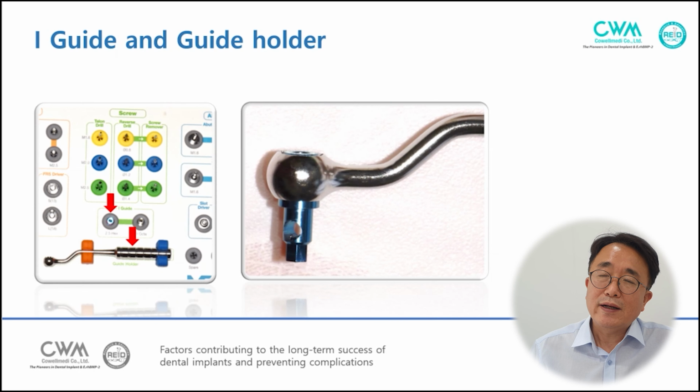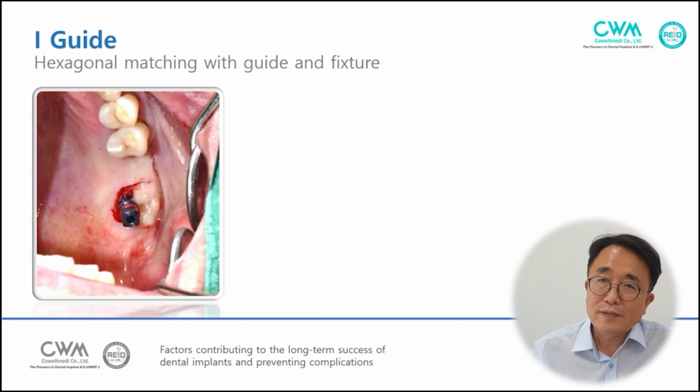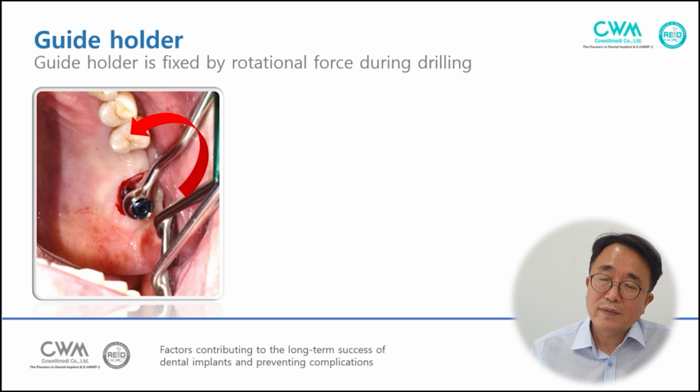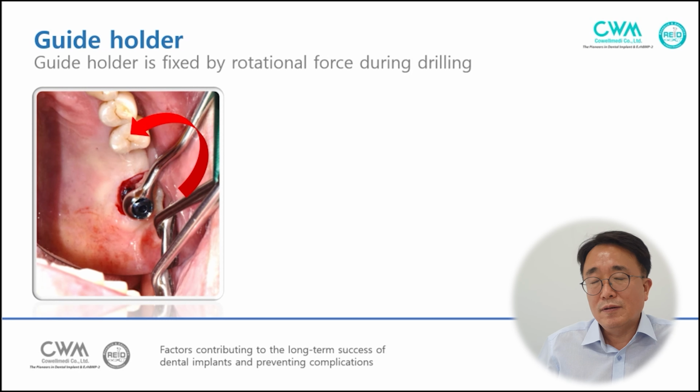And the eye guide and guide holder are used in the implant. So first this eye guide is inserted here. The hexagon has to be matched between the guide hexagon and fixture hexagon. And then the guide holder is adapted into the guide, and you have to keep this orientation.